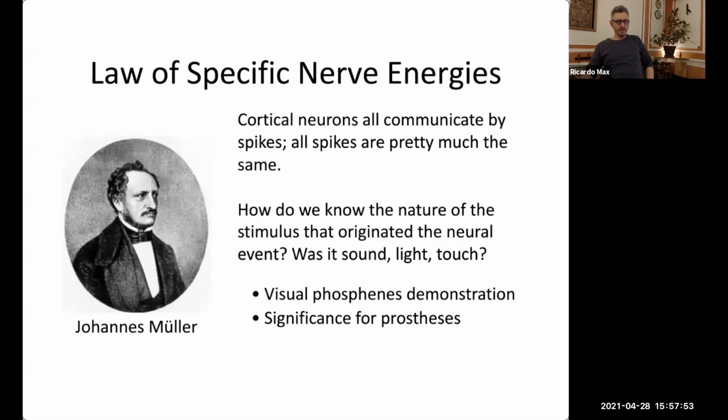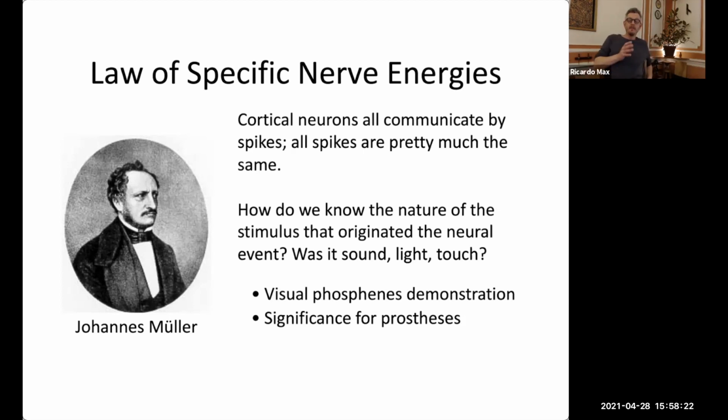So we'll begin with the place code theory, which began with Johannes Müller, and the idea of the law of specific nerve energies goes like this. All our neurons are very simplistic and dumb devices. They either fire or not fire, and all they can do is fire at different frequencies.